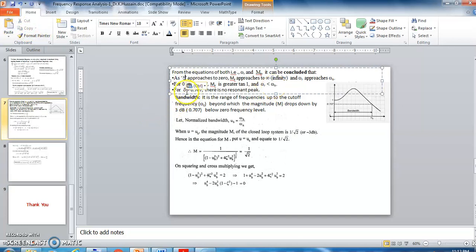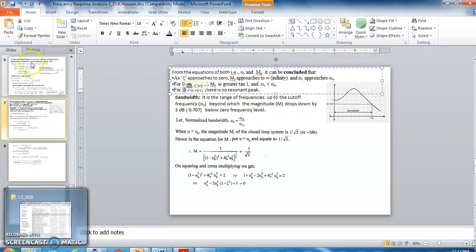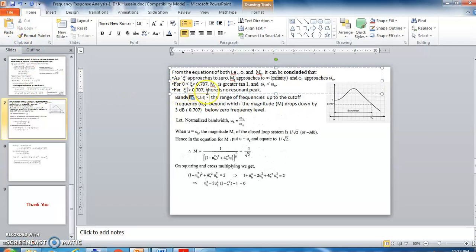When zeta is greater than 0.707, that is 1 over square root 2, there is no resonant peak.